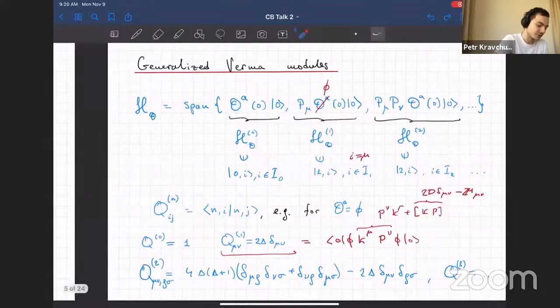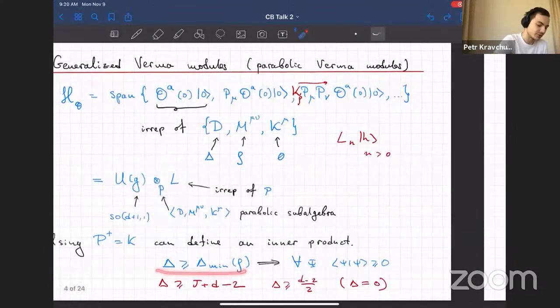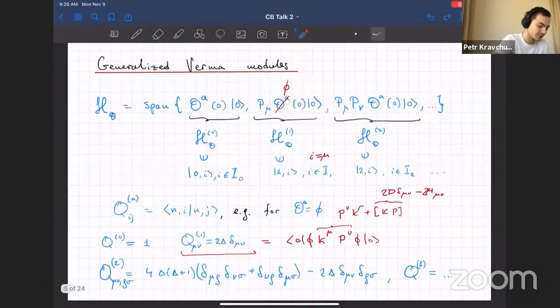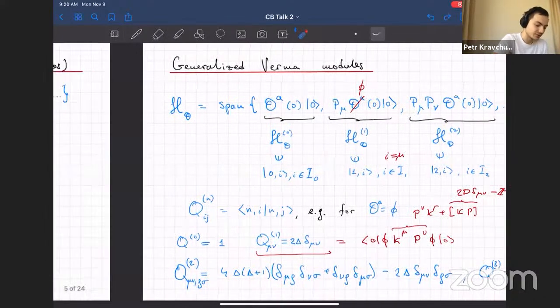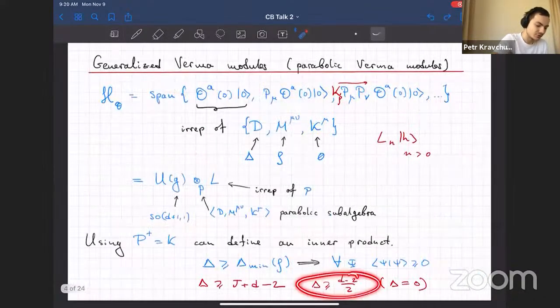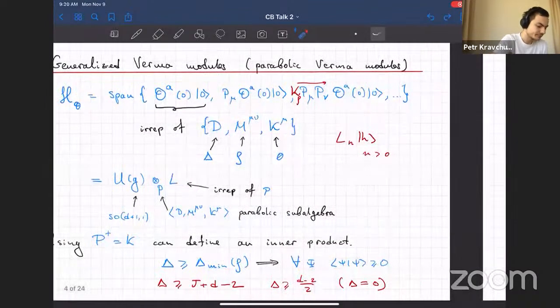And this unitarity bound is, of course, just a statement that provided that delta is above a certain threshold, all these matrices are positive semi-definite. So for example, as a simple exercise, if you check that this matrix is positive semi-definite, you'll find this unitarity condition on scalars.